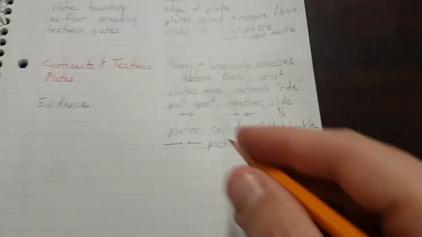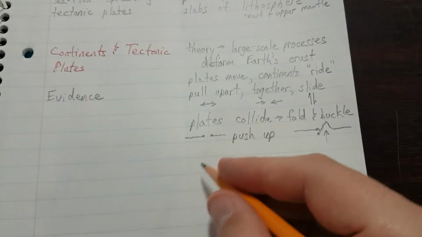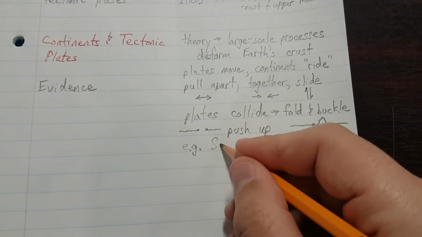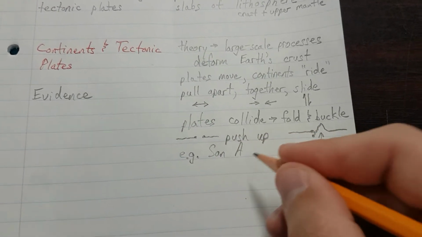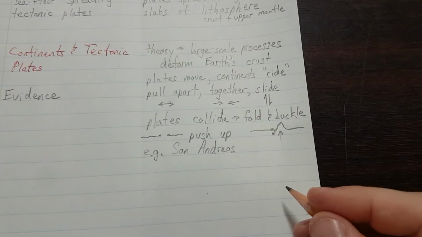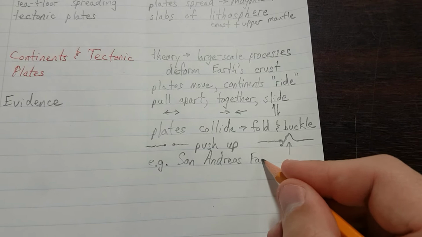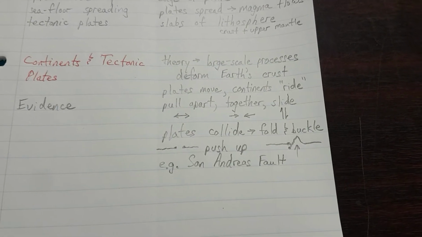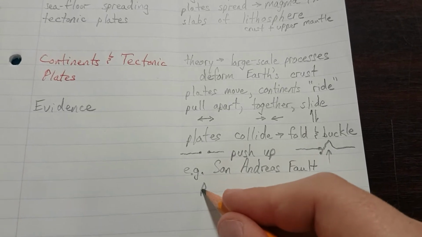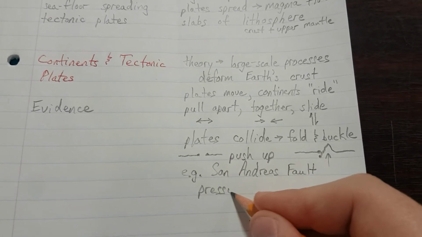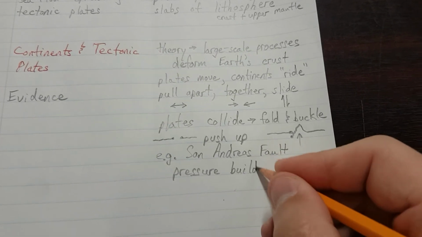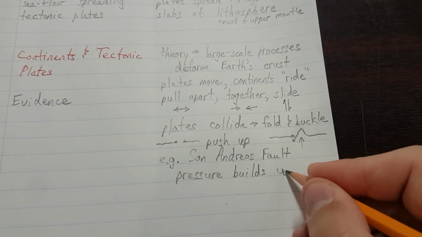Okay, so let's put example, right? E.G., San Andreas fault, capital F-A-U-L-T. Pressure builds up, P-R-E-S-S-U-R-E, builds, B-U-I-L-D-S, up, U-P.